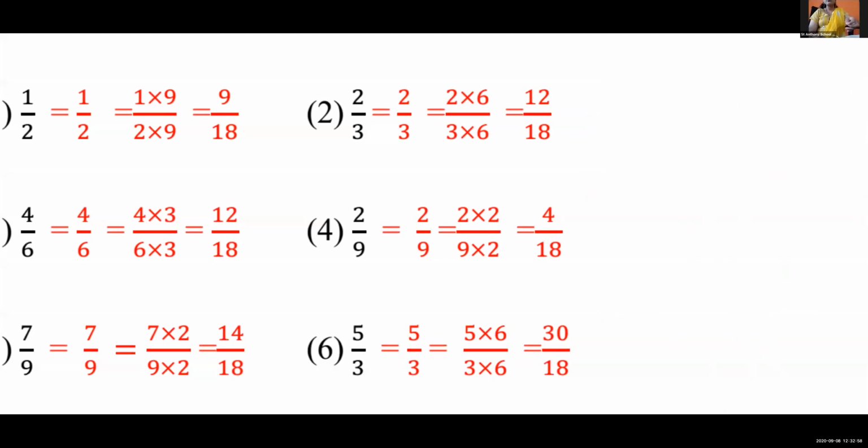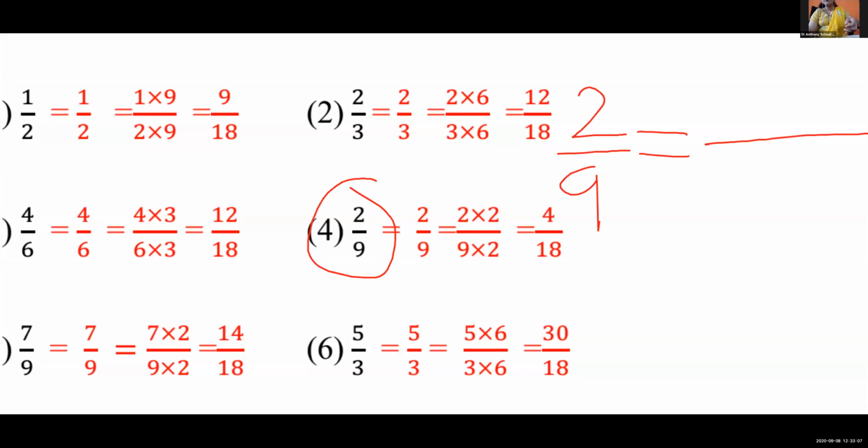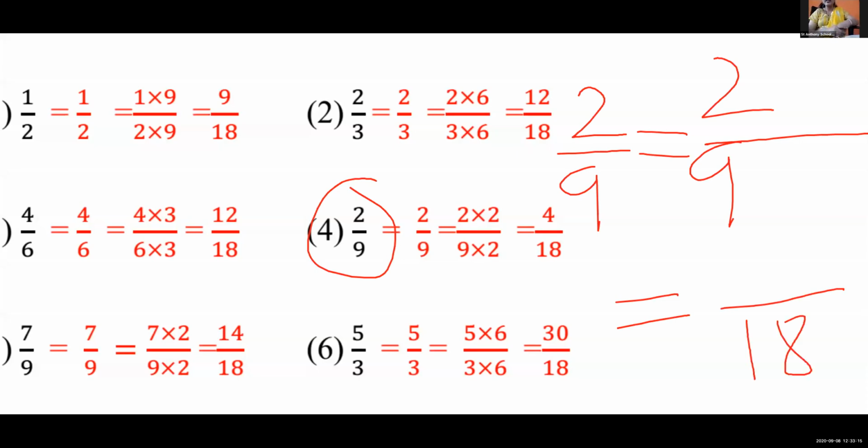Now we'll see the fourth example. 2/9. Again the process is the same. We'll write 2/9 and we want denominator 18. हमें denominator फिर से क्या चाहिए? 18.